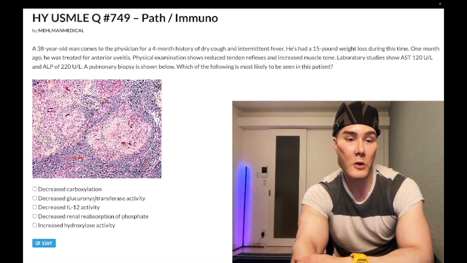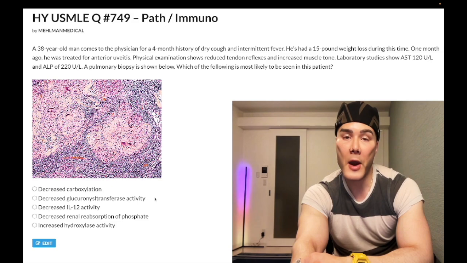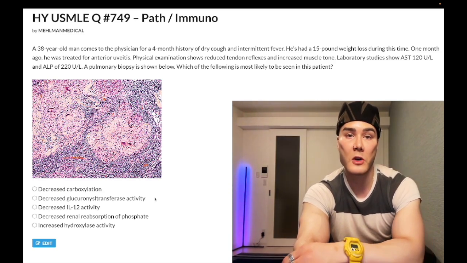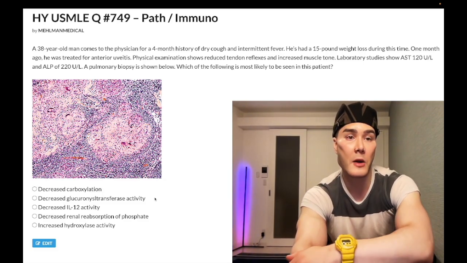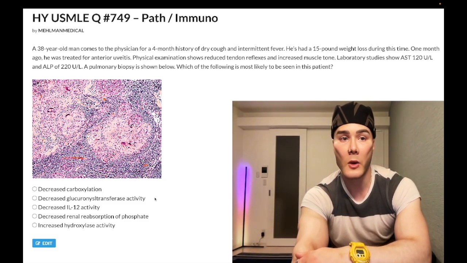So decreased glucuronosyl transferase activity would refer to Gilbert syndrome, or Gilbert, okay? So spelled Gilbert, and that's going to be an unconjugated hyperbilirubinemia in an otherwise young, healthy adult, usually following stress. Okay, very buzzy presentation as a med student, stress for exams, gets mild scleral icterus, just yellowing of the eyes, and you just see unconjugated bilirubin increase.